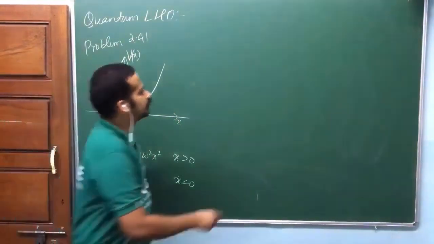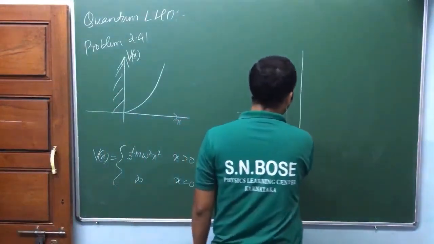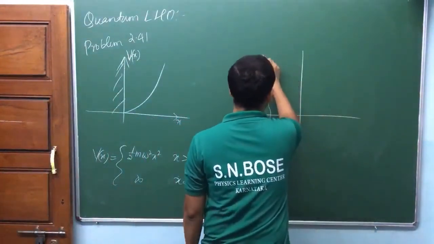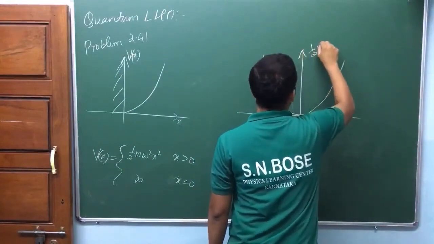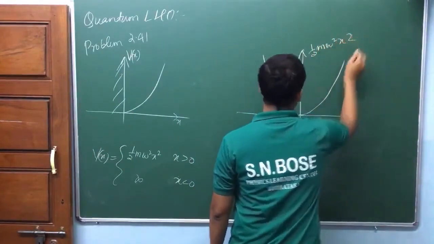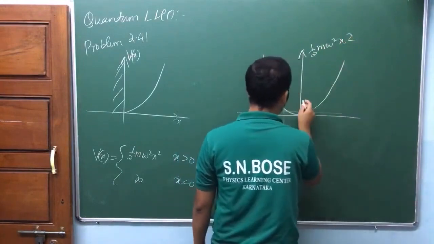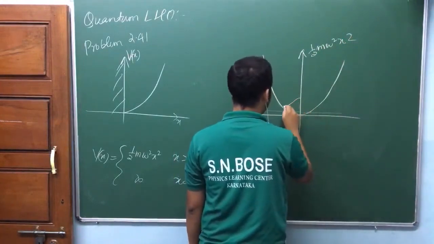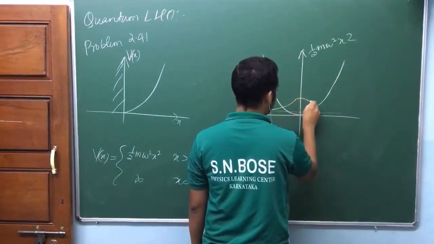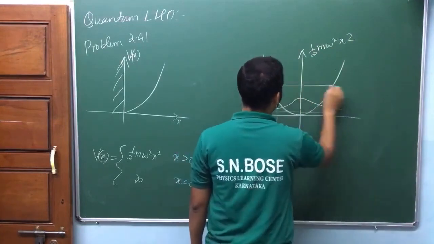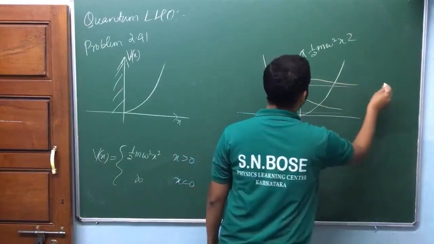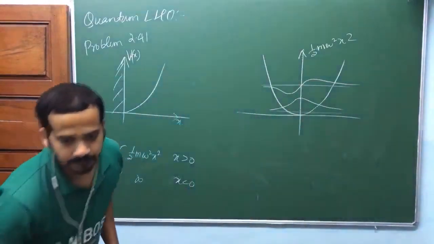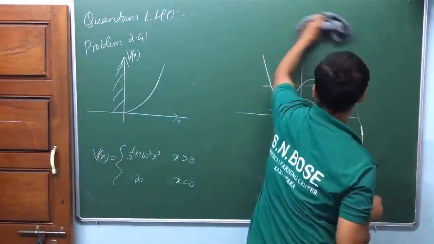Is that okay? So now see this one, see this full harmonic oscillator. Half m omega square x square, okay? Draw the states here: ground state, am I right? First excited state. Second excited state.